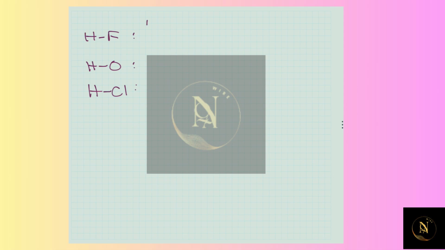So first, the electronegativities of fluorine, oxygen, and hydrogen, and I just looked these up on a periodic table, are as follows. And then I wrote the dipole moment.